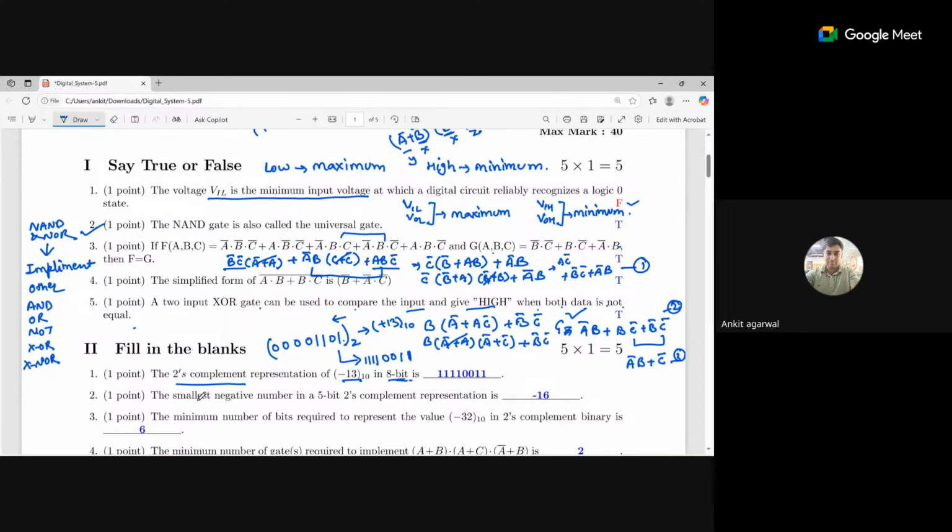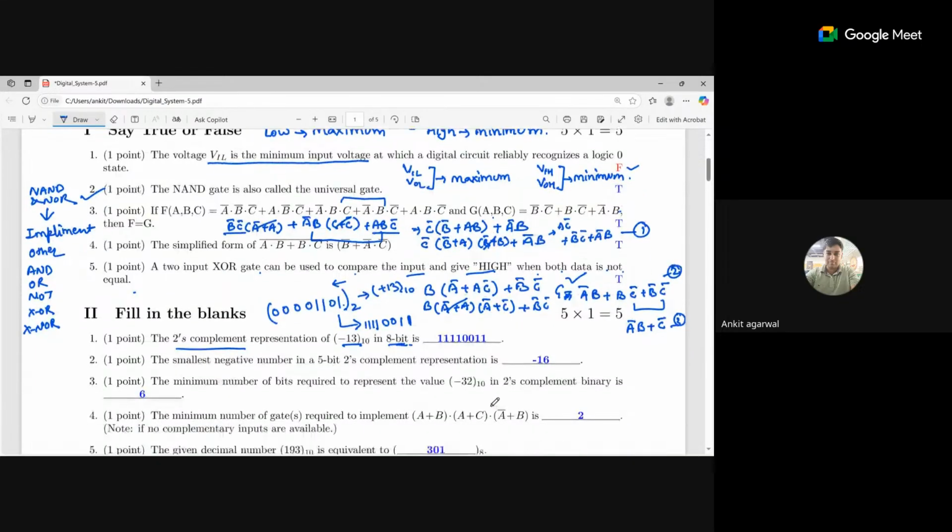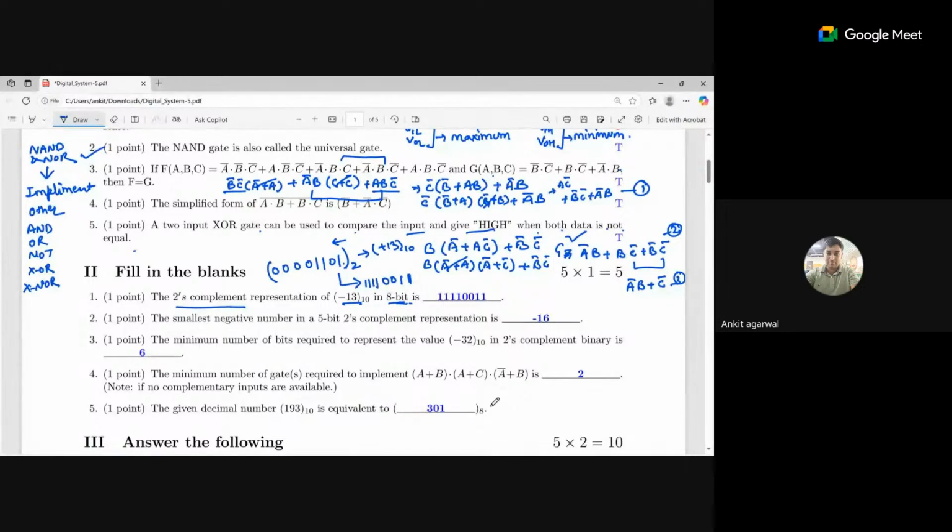Okay, the smallest negative number in a 5-bit 2's complement representation is what? You can see that for 2's complement, I already informed you the representation is minus 2 raised to power n minus 1 to plus 2 raised to power n minus 1 minus 1. Now it is 5-bit data, so the value of n is 5.